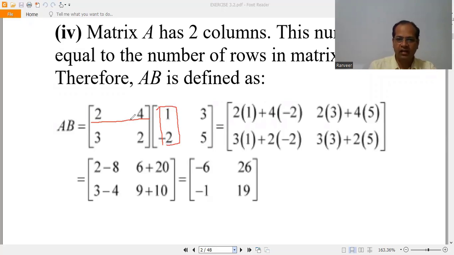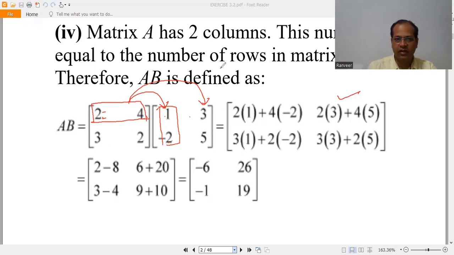But here we are taking 2, 1, 4, minus 2. First row with the first column: 2 into 1, 4 into minus 2. This is A11. Then 2 into 3, 4 into 5.